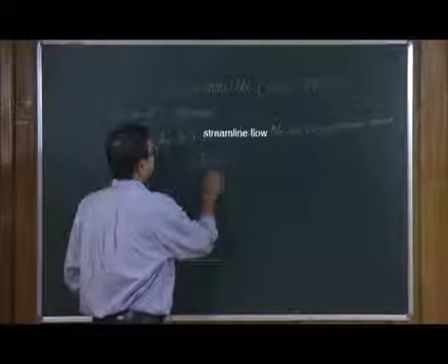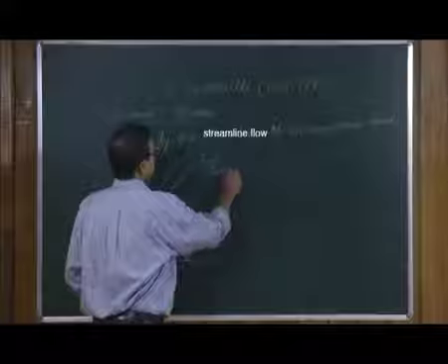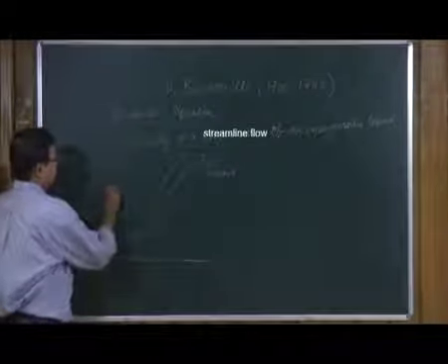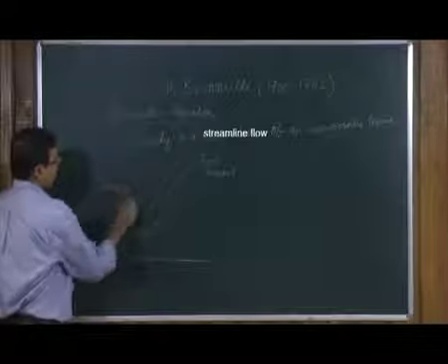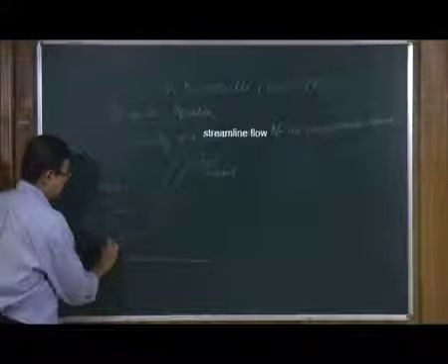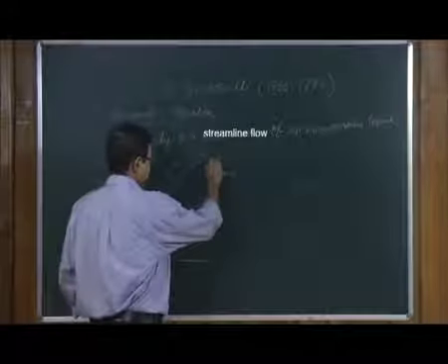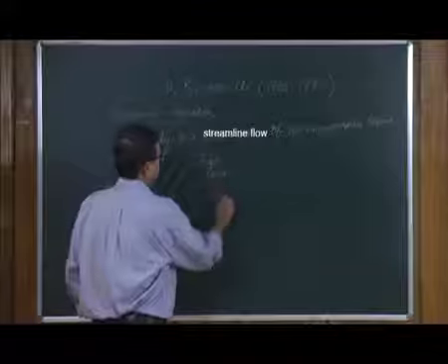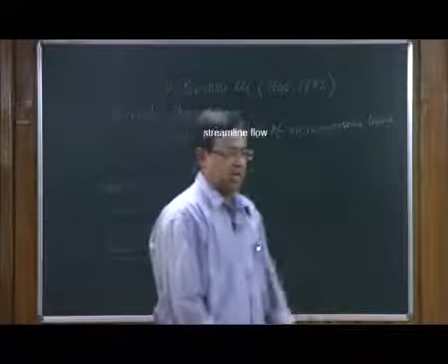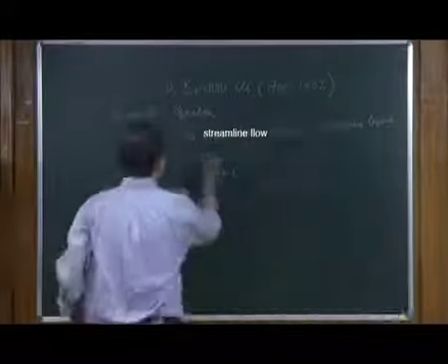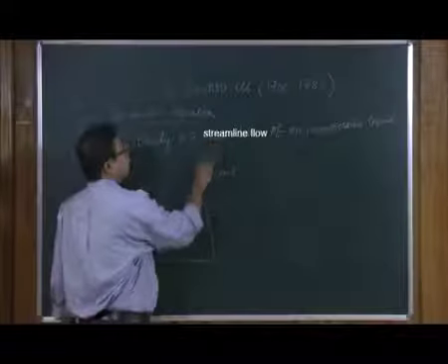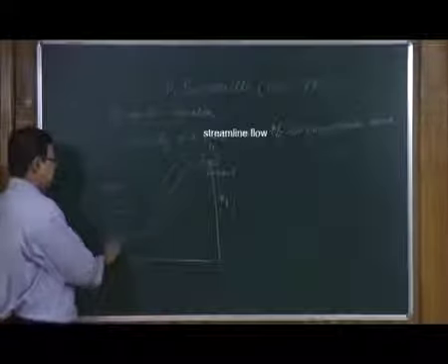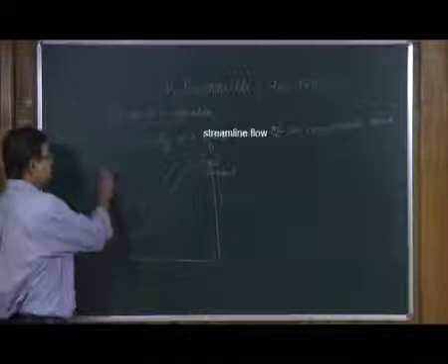Let us call this region 1 and this region 2. This is at a height h2, this is at a height h1, and the pressure recorded here, by a pressure gauge, is P1. The pressure is P2 here.